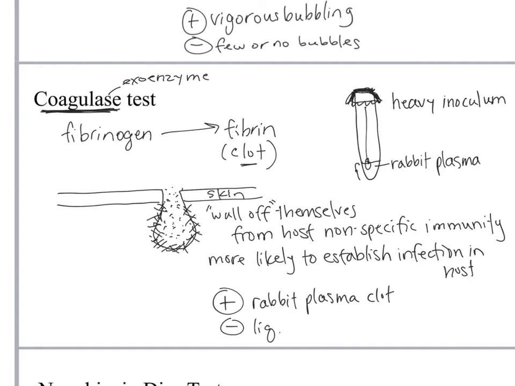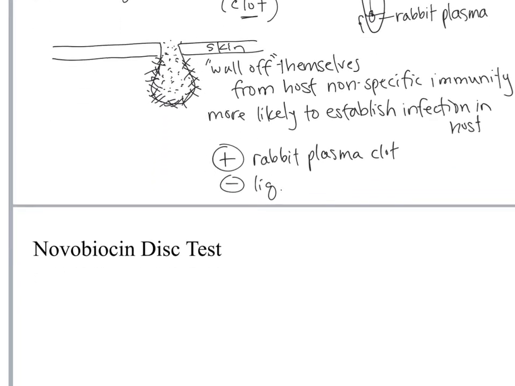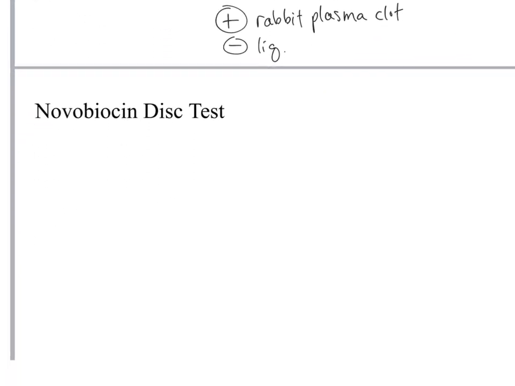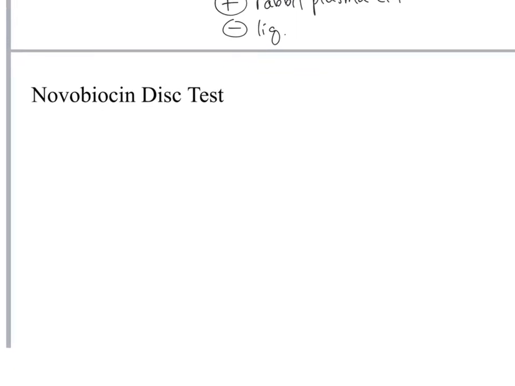All right, so like I mentioned, one of our staphs is coagulase positive. That only leaves 2 left to differentiate between, and we can do that easily with an antibiotic disc. So you'll be assigned one organism to do a novobiocin disc test. You're going to take some Mueller-Hinton agar and streak a lawn on there.